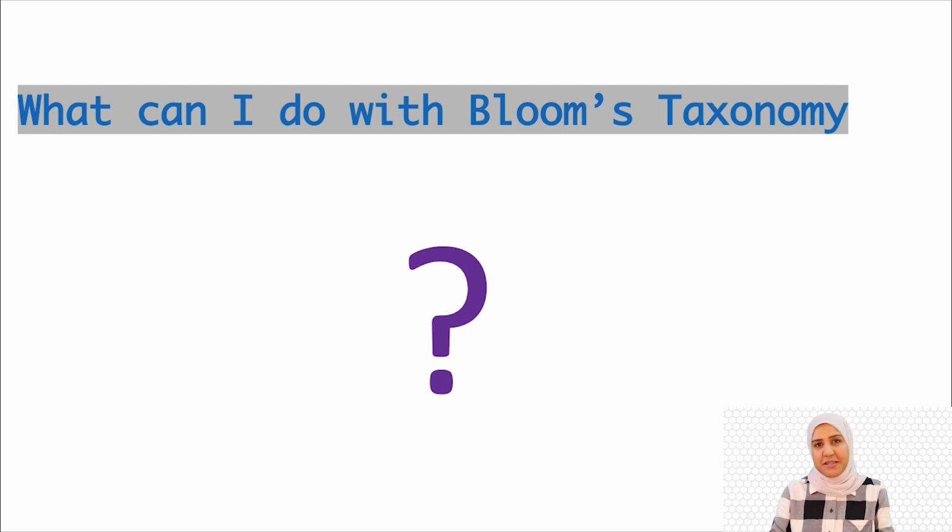Look, Bloom's taxonomy is a tool to know how to balance between lower order thinking skills and higher order thinking skills. And it's a very, very big problem if you ignore higher order thinking skills, or if your students have no enough practice to use higher order thinking skills.